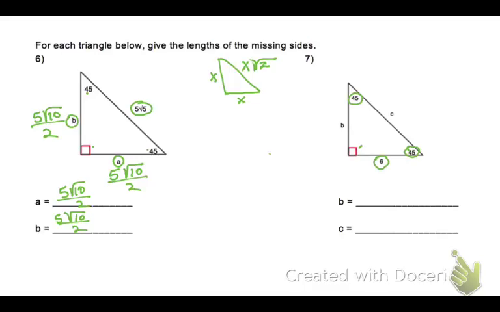Because we have our 45, 45, 90, we know that B also has to equal 6. Then we know C is equal to x times the square root of 2, which is just the leg times the square root of 2. So C equals 6 times the square root of 2, and we are done.